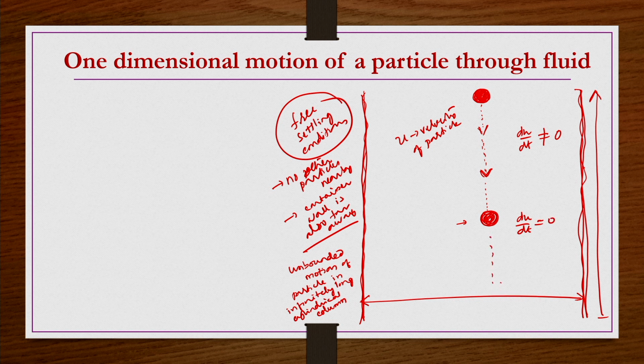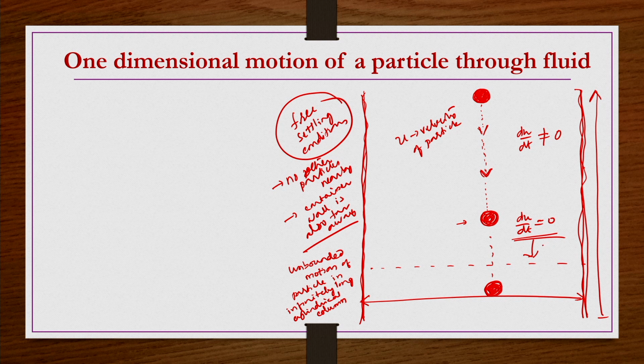So, under the free settling conditions, you can expect that du by dt is going to be 0, not up to the entire bottom when it reaches the bottom of the container, but to some extent du by dt remains 0.